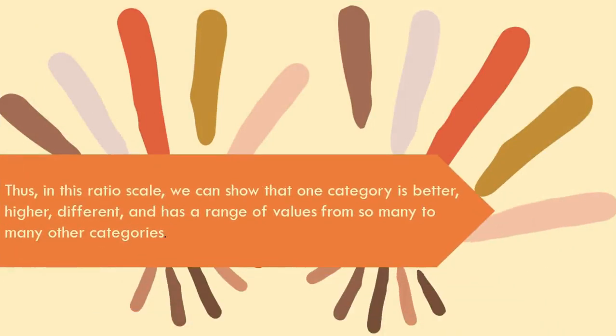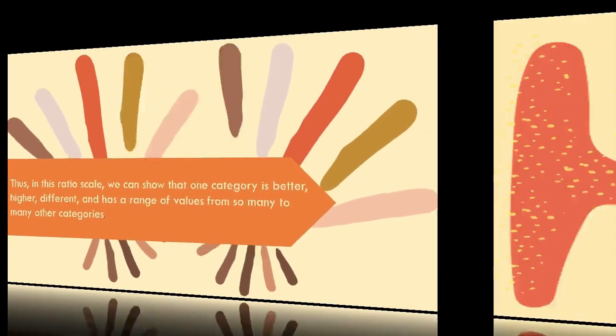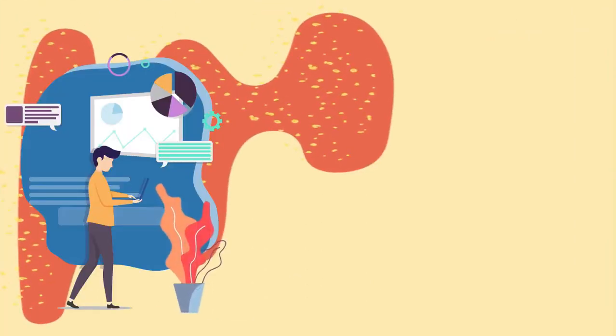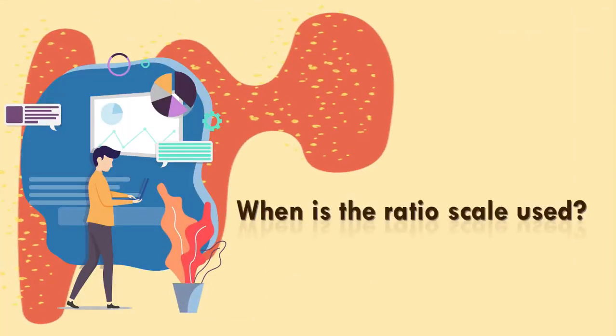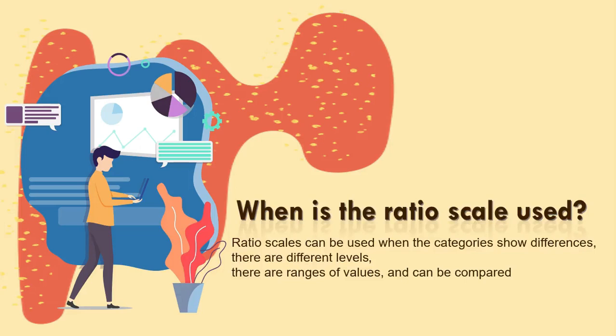Thus, in this ratio scale, we can show that one category is better, higher, different, and has a range of values from so many to many other categories. Ratio scales can be used when the categories show difference, there are different levels, there are ranges of values, and can be compared.